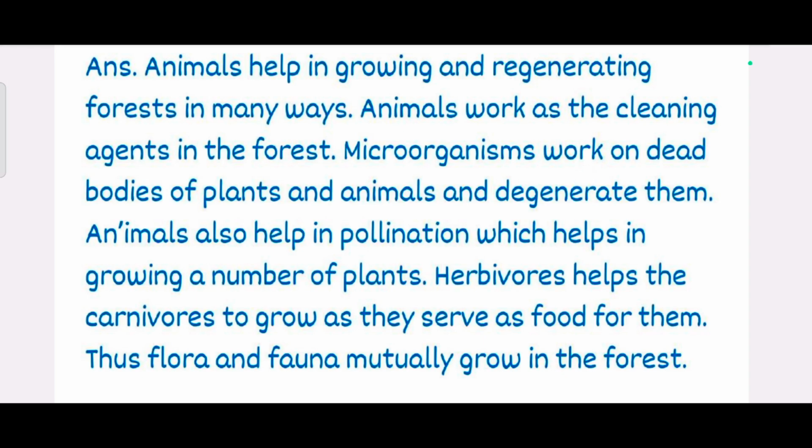So we'll write the answer. Animals help in growing and regenerating forest in many ways.